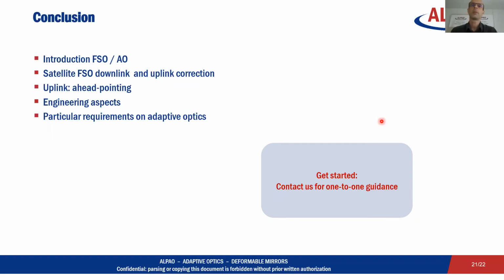I went into a bit more detail in the uplink scenario, explaining head pointing and anisoplanatism. And then I talked about a couple of engineering aspects, software, mechanical interfaces, stuff like that. And finally, I derived particular requirements on the AO components.